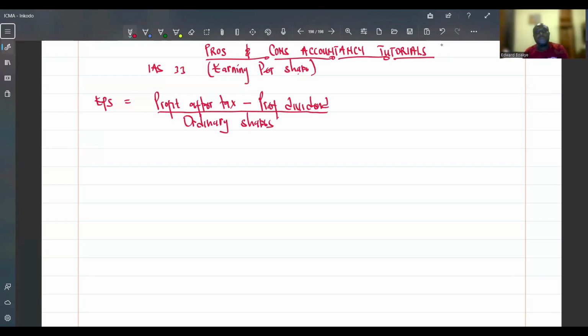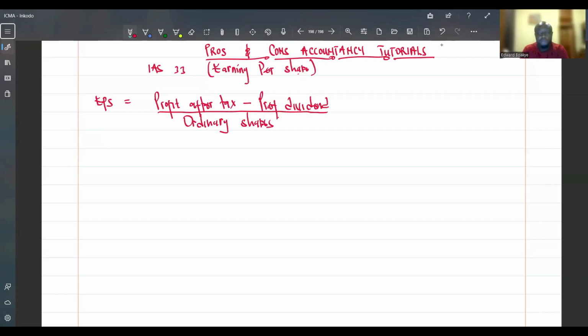So it means we will have to take the preference share dividend from it before we divide by ordinary shares to get our earning per share. So basically, this is the formula for earning per share, and this is what has its own standard called IAS 33.